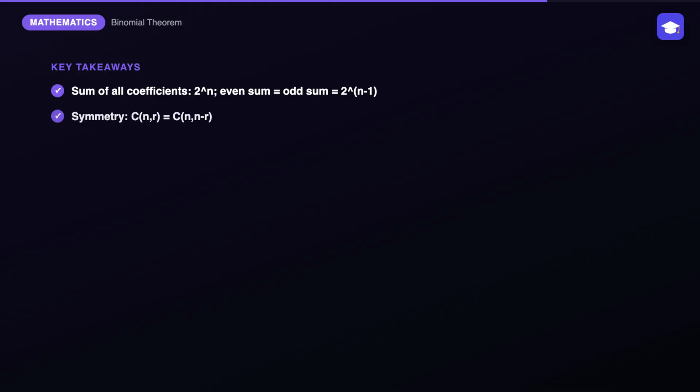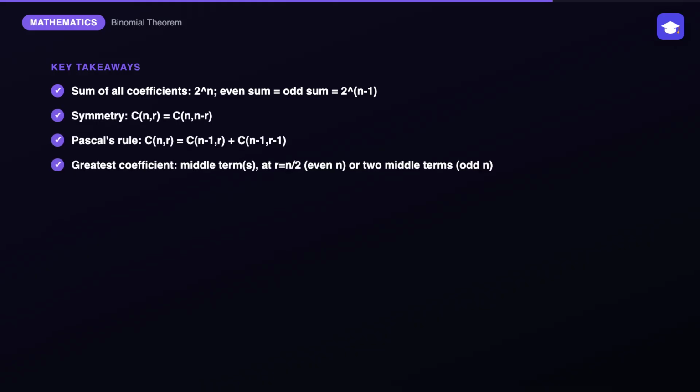Let's recap. The sum of all binomial coefficients is 2^n, while even and odd position sums are each 2^(n-1), both found through clever substitutions of a and b. Pascal's rule, n choose r equals n minus 1 choose r plus n minus 1 choose r minus 1, builds Pascal's triangle directly, and the greatest coefficient sits at the middle term, or terms, of the expansion.